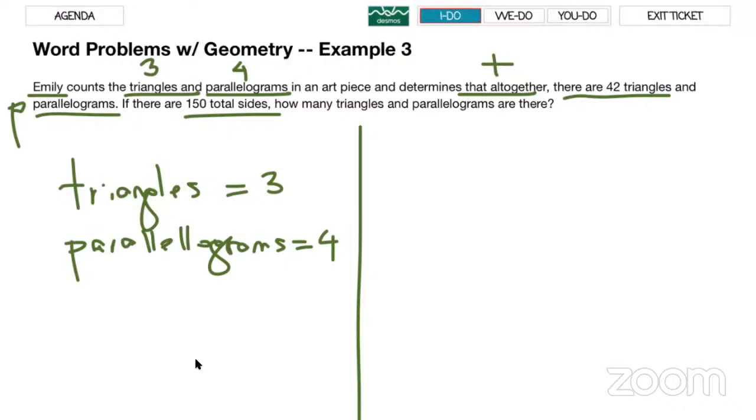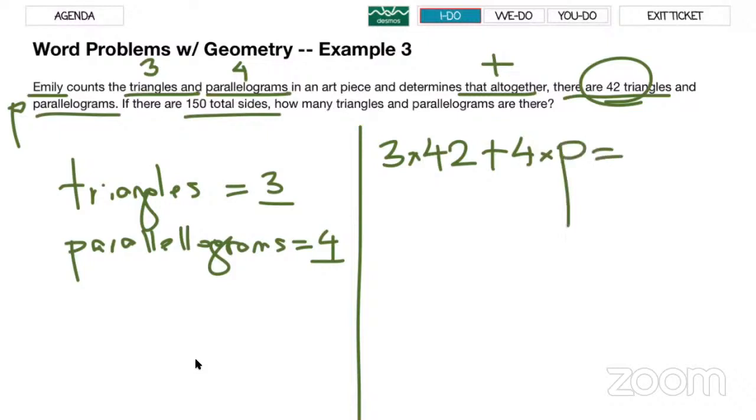So it says triangles have 3 sides, right? And if you have 42 triangles, you need to multiply that 3 with 42, okay? And you're trying to find a total. And because parallelograms have 4 sides, you need to multiply that 4 with the number of parallelograms, which is unknown, with P. And altogether, that is equal to 150 sides, okay?